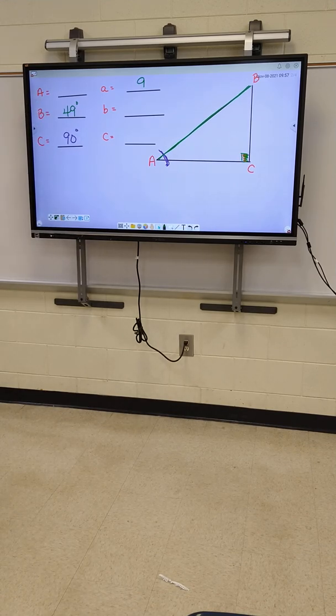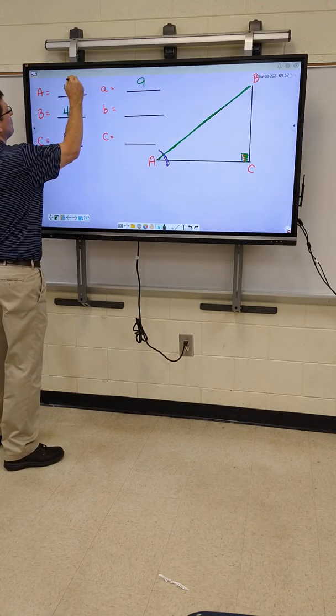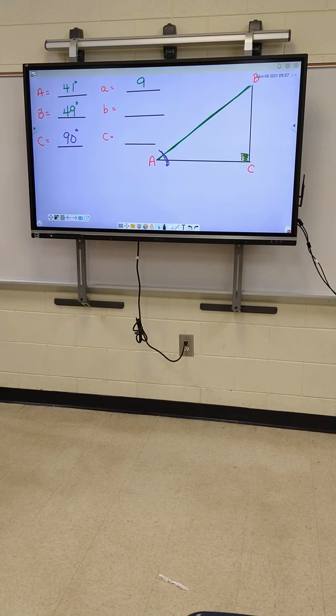Y'all don't help her. She's gotta learn how to do it. What you got? He said 41. 41 is correct. So that is the first step. Find your missing angle just by subtracting from 180. It's going to be that way every problem.